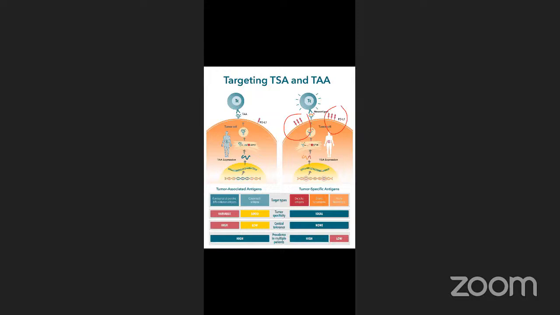Coming to the tumor associated antigens, which are not unique to tumor cells, as we discussed earlier in the table, they may be proteins that are expressed on the normal cells during fetal development. During fetal development, this type of tumor associated antigen will be seen. When the immune system is immature, especially in the fetus at the embryonic stage, our immune system is unable to respond to these antigens, but they are normally not expressed in adults.